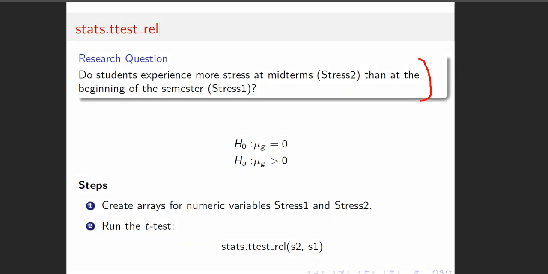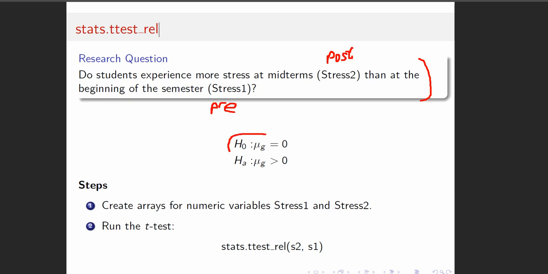Because there's a pretest. Stress 1, this measure was taken in the second week of classes, and compare the same exact measure, which was taken several weeks later. Stress 2 was measured during midterms, when more students have midterms and papers and projects due. Okay, so we were asking about the stress levels.